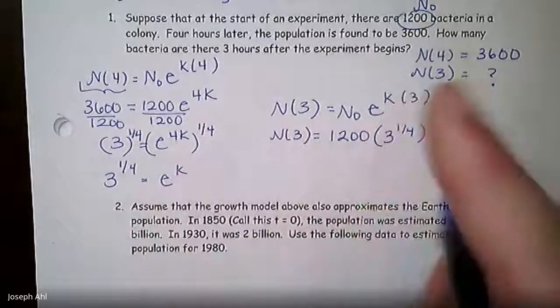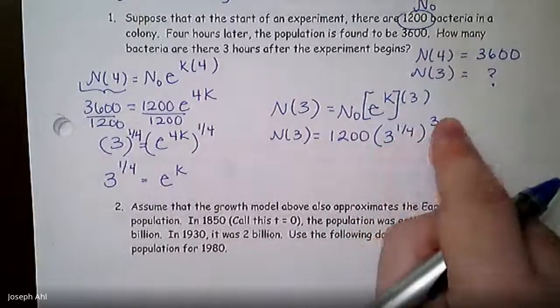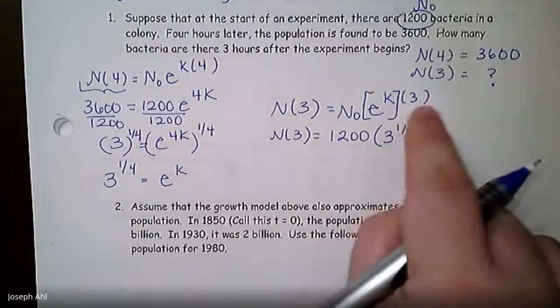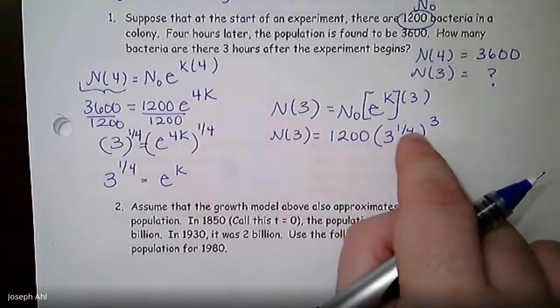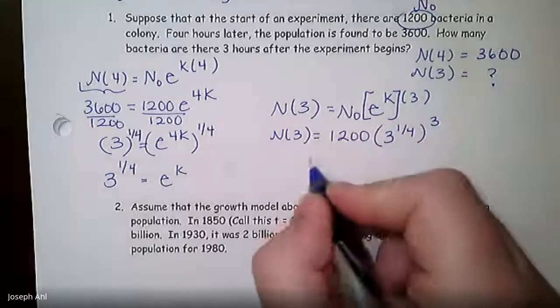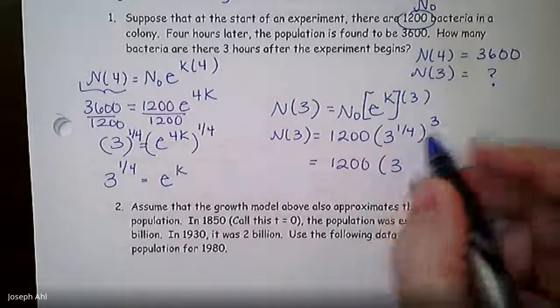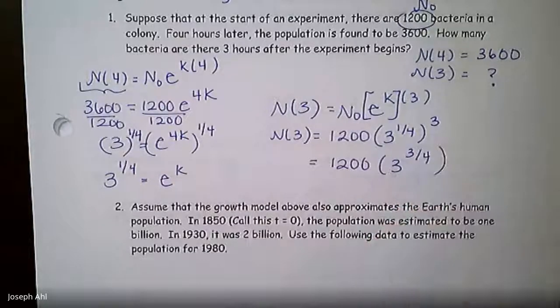So you're going to replace that whole thing, e to the k, with 3 to the 1/4. And that exponent of 3 that's already up there, we know that when you do a power to another power, these things just get multiplied. So you could rewrite this as 1200 times 3 to the 3 times a fourth, which is 3/4 power.